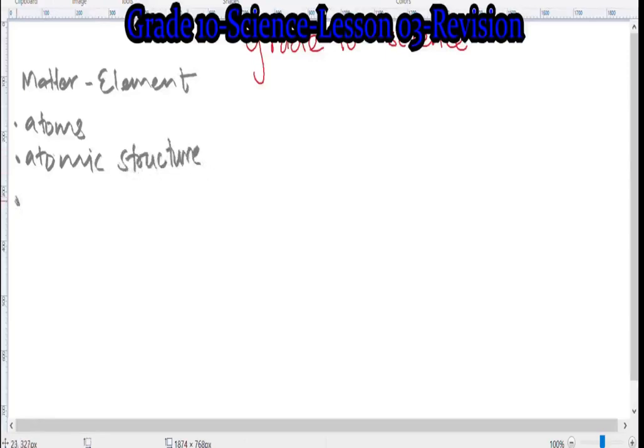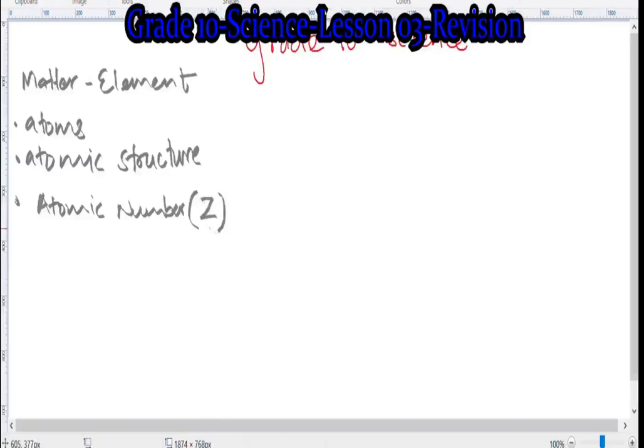Now we're going to talk about atomic number, which has the symbol Z.